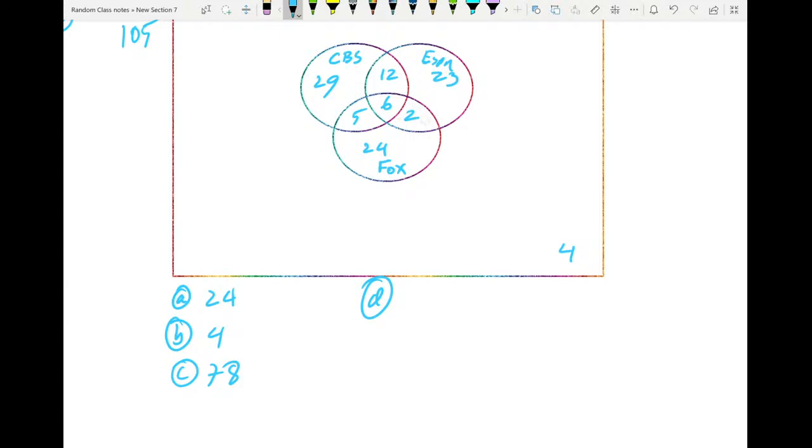So what is left is just 2. This is the hard one. I'm talking about reading ESPN and Fox, this 2 region. And I'm saying they have to read both of them, which is this region. Now the last part of the question is saying but do not read CBS. So I've got to cross out this section. And all I have left is 2. Alrighty then. Good question.